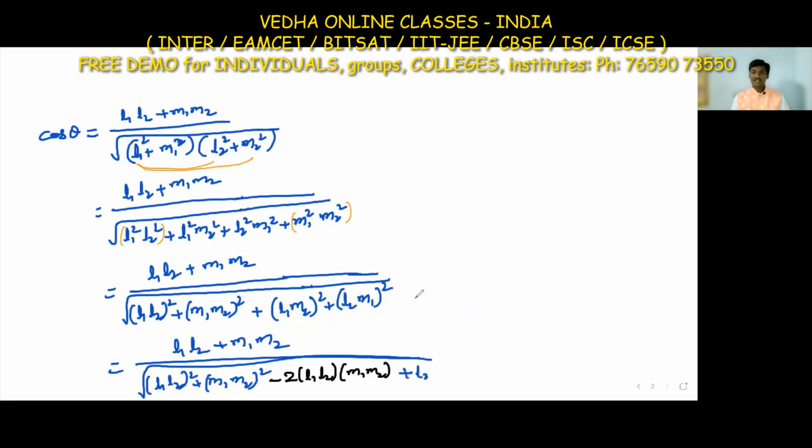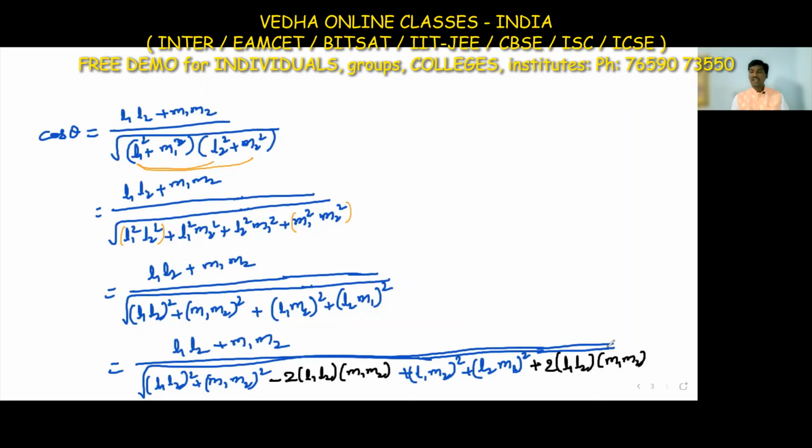After that we have L1 M2 whole square and L2 M1 whole square. If we add and subtract, or subtract and add, there is no change in the value. So here we subtracted, and I am adding here plus 2 into L1 L2 and M1 M2.